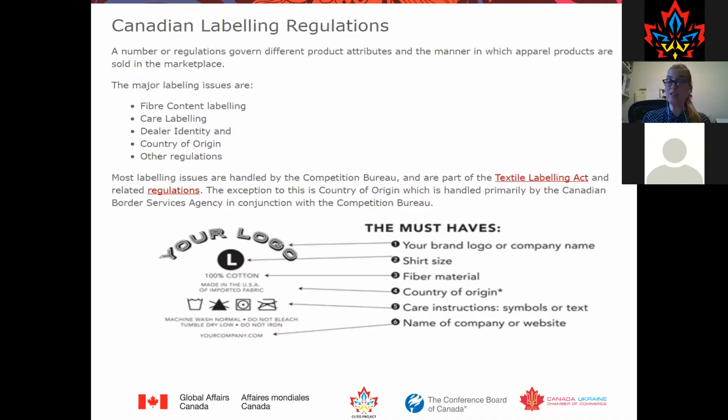No sizes, no brand, no country of origin, nothing. The label is important because it carries the information. All of this information is important for the consumer in Canada. Consumers in Canada look for the label.